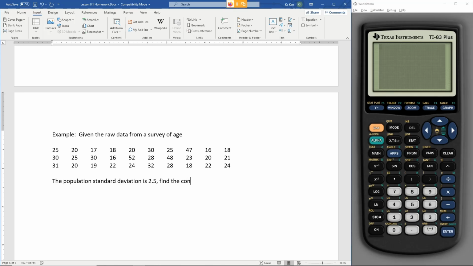Find the confidence interval with, let's just say, 95% confidence interval for the population mean. Right.